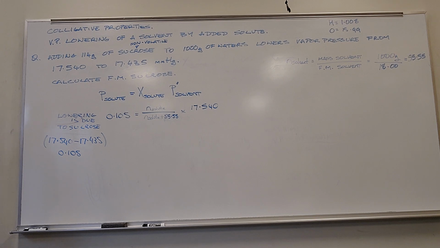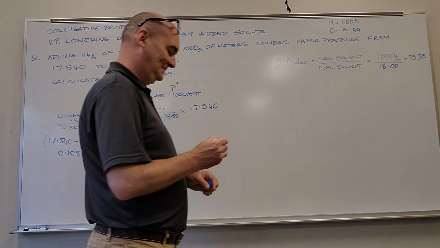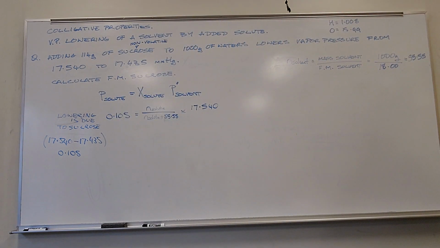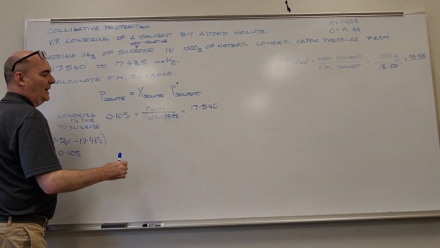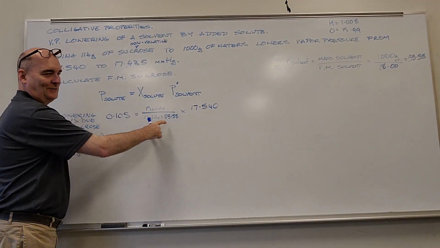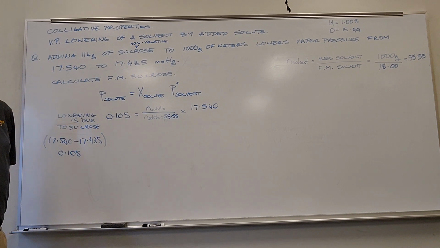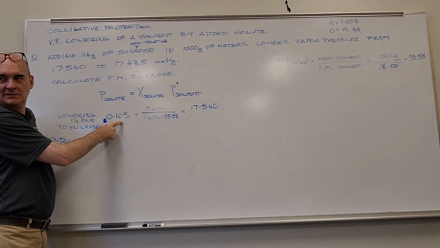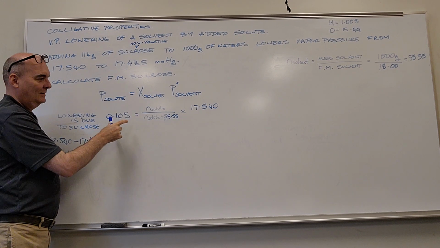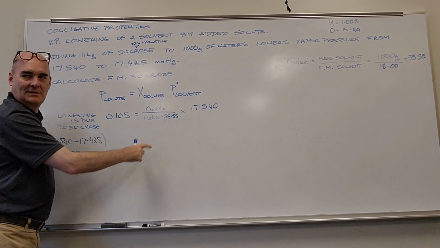There may be more than one procedure for doing it, but I see a division and I want to get rid of that. I do too. So I would take that over here and multiply everything on this side by that term.